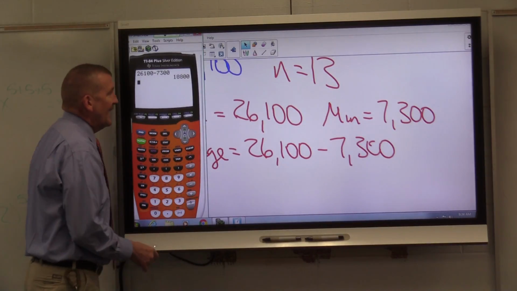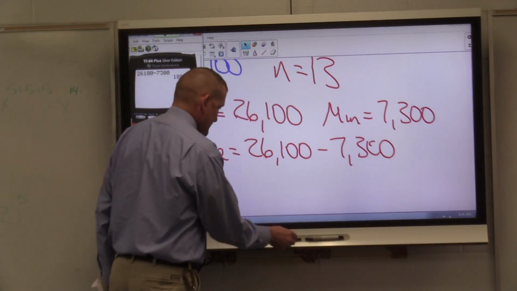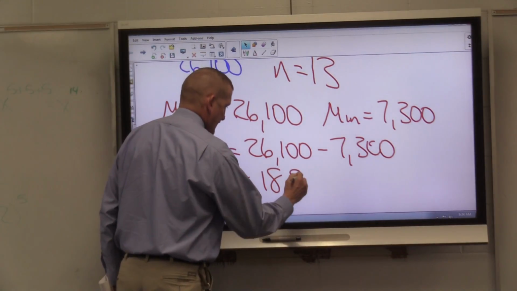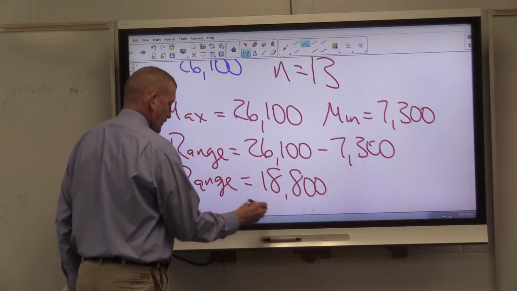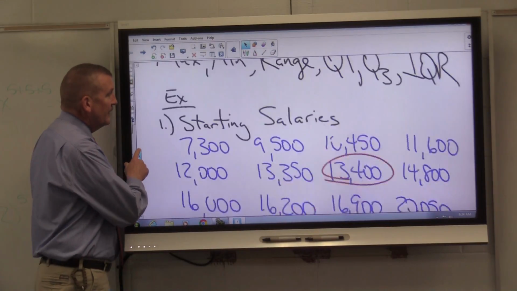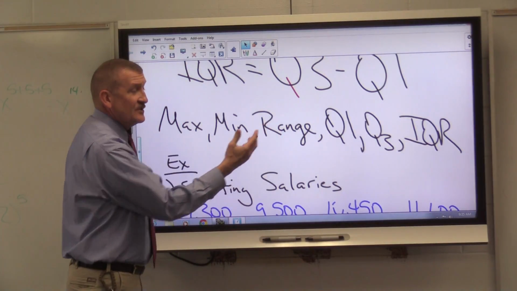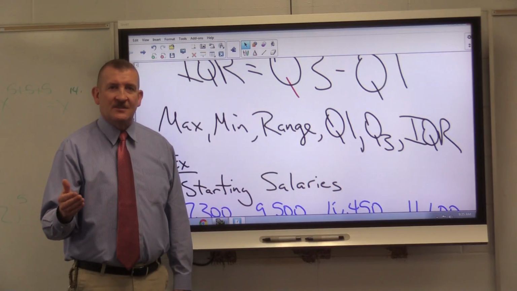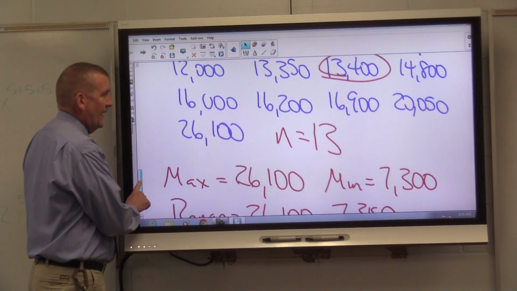Your range of your data set is $18,800. That is your range. So if you go back and look, I've already got 3 out of the 6 measures of variation. The range, the max, and the min are the easiest. Pretty easy.